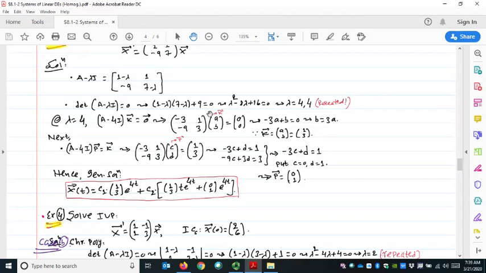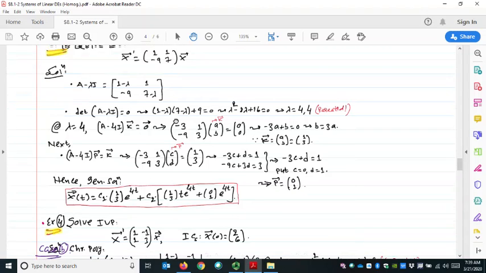Next, multiply these two matrices. Negative 3 times a plus 1 times b, so negative 3a plus b equals 0. Next, negative 9 times a plus 3b, which is the same as negative 3a plus b equals 0. So from there, b equals 3a, so pick b equals 3, then a equals 1. Now we found the eigenvector k corresponding to lambda equals 4. Great.